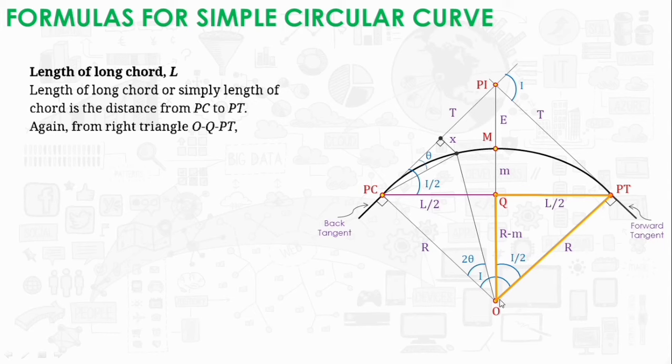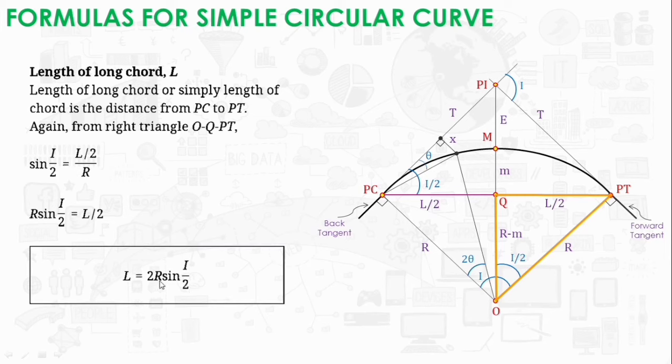So, let's try the sine function. Sine of I over 2 equals L over 2 divided by the hypotenuse R. Rewriting the equation, R sine I over 2 equals L over 2. Multiply both sides by 2 so that L remains. So, L equals 2R sine I over 2. That is our length of chord in terms of R.